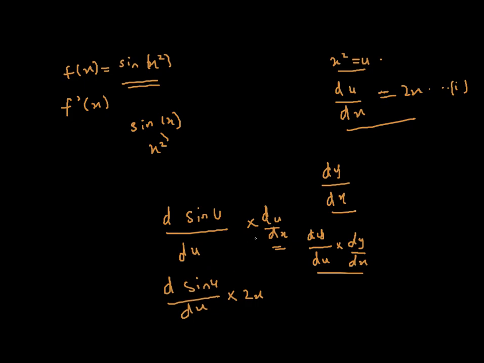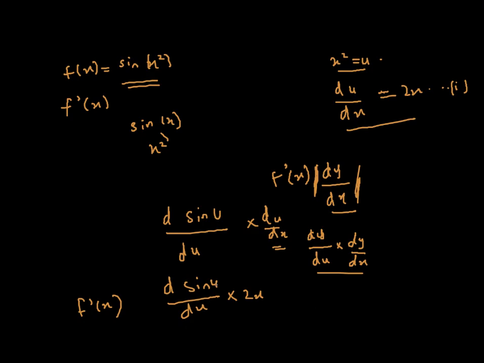So what was dy by dx? It was just the derivative of a function, say f of x, so it was f prime of x. Now this will also be f prime of x, because this is the same as this but from a different perspective.